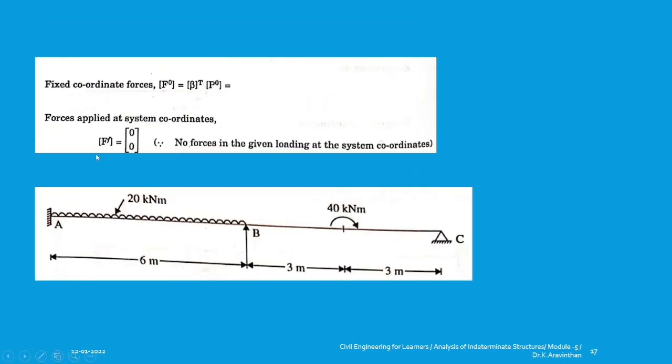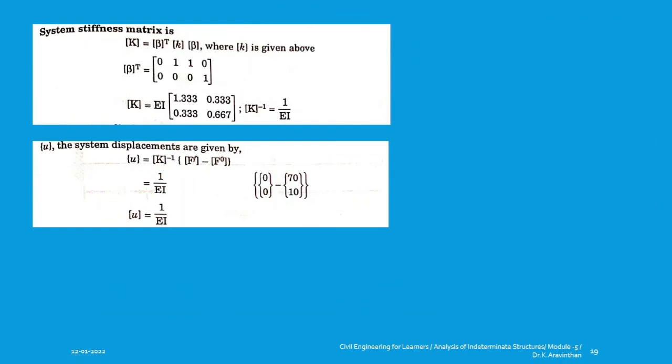Yes, f of f is 0 and f naught is 70 and 10. So these are the two values you got here, and you can use the same values: the k inverse value you got here, and f of f and f naught.